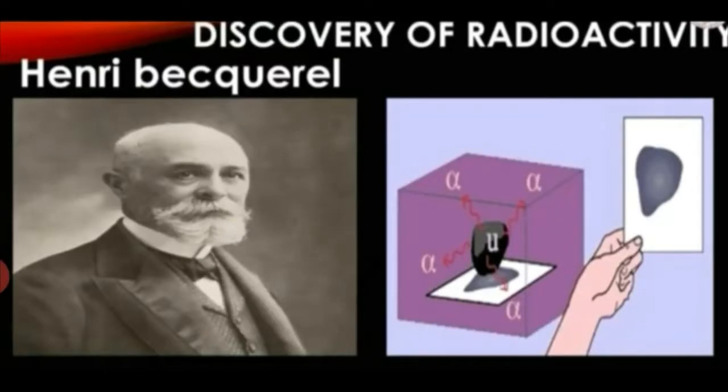So, he discovered that he could reproduce the effect whenever he placed uranium near a photographic plate. Apparently, uranium radiated something that could affect a photographic plate. So, this phenomenon was called radioactivity, and uranium was identified to be a radioactive element.